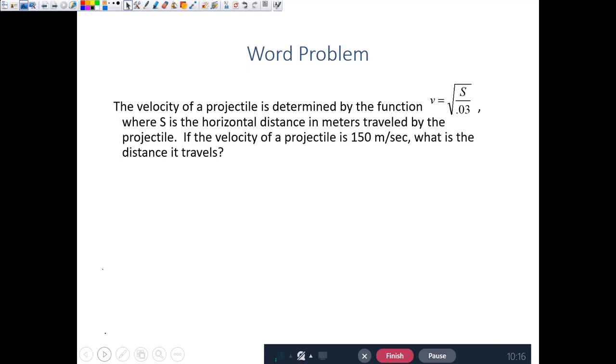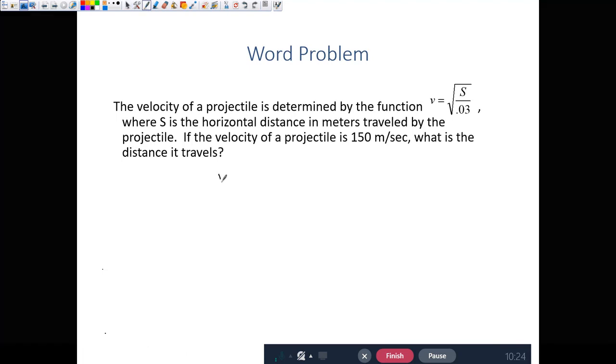If the velocity of the projectile is 150 meters per second, what is the distance it travels? So I have the equation v equals the square root of s over 0.03. Okay, and tell me what v is. 150 equals the square root of s over 0.03.